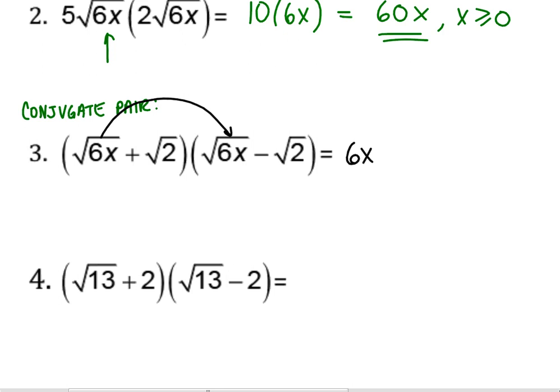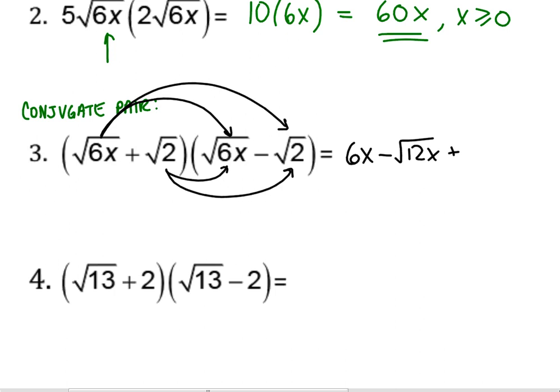Now with a conjugate pair, technically I only have to multiply the first and the last. Because what will happen with our middle? They're going to cancel. So if I did expand this, I would have a minus root 12x, and then I'm going to have a plus root 12x. And so because of that, those will always cancel.